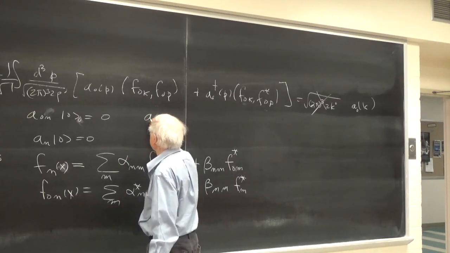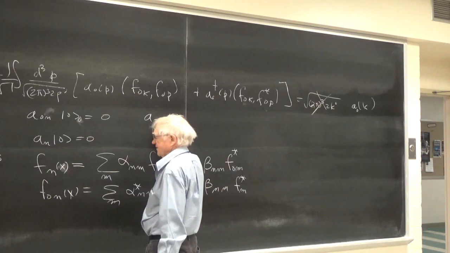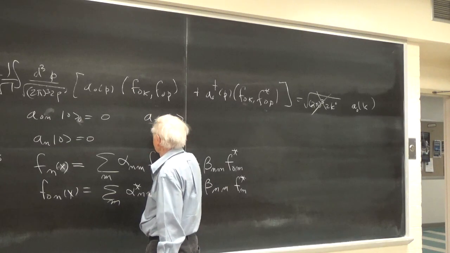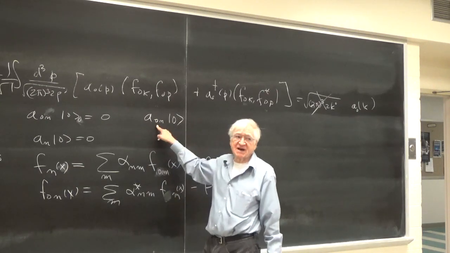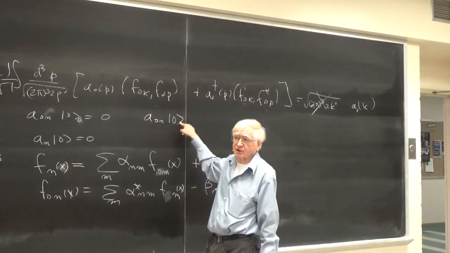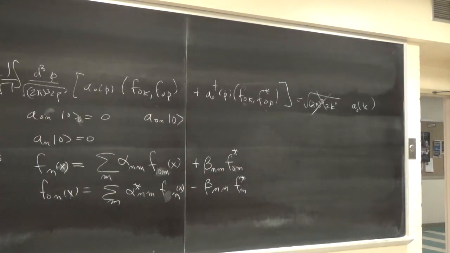What we want to do is look at this question. What are the flat space annihilation operators going to do when they hit the curved space vacuum? And in general, they're not going to give us 0.